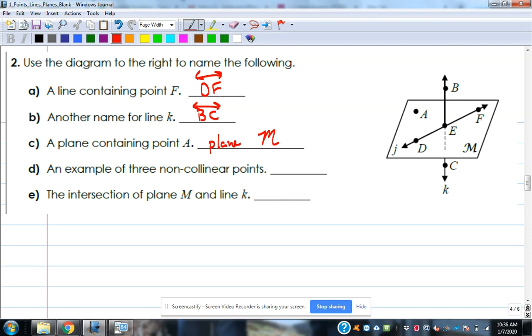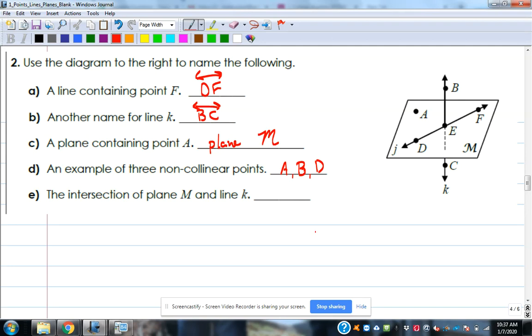D, an example of 3 non-collinear points. B and C are 2 of them. And then I think A would be a good one. Well, B and C are technically collinear. I think D would. As long as you're including one of the non-coplanar points, you're going to be okay.